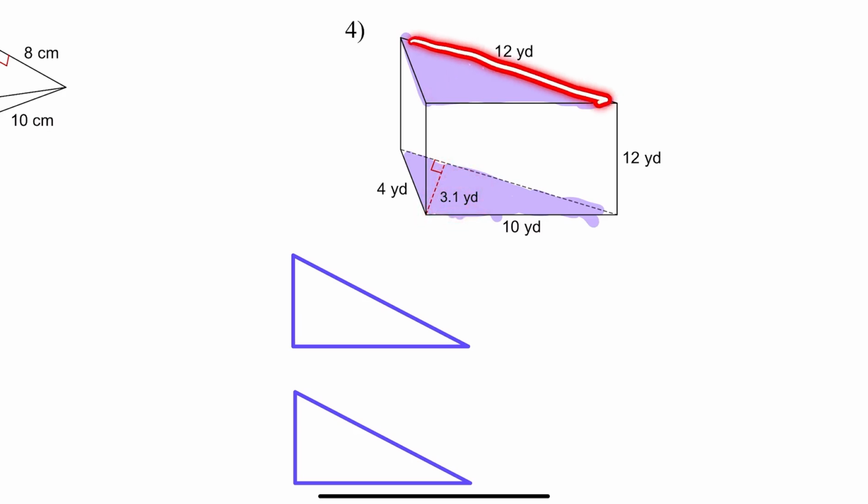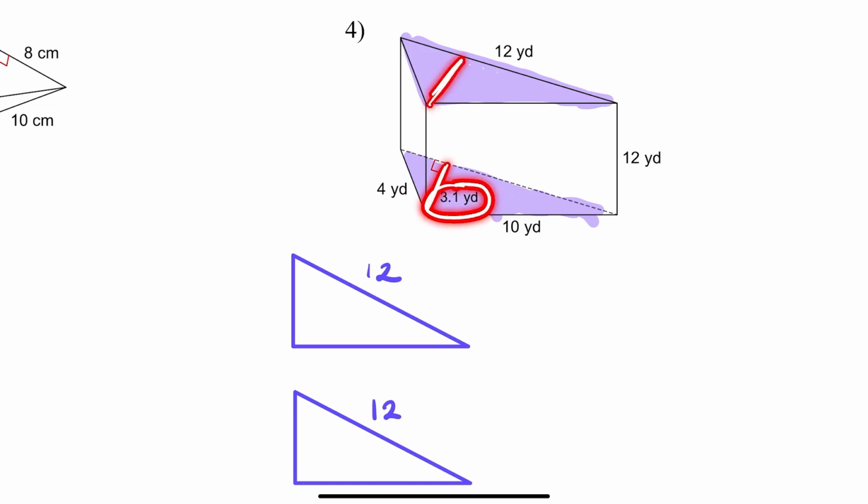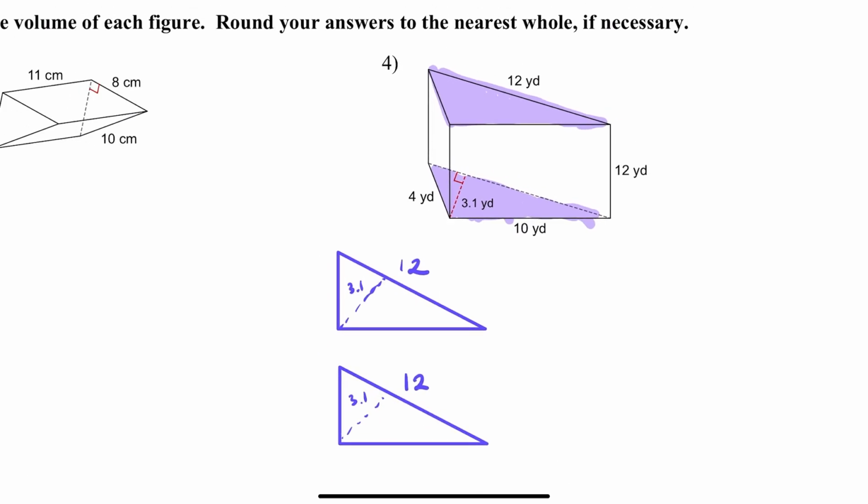So the base of this information that matters for area later is 12 and 12. And then the height of the triangle, 3.1. So I'm going to go ahead and take, I could draw it out like that, but 3.1 and 3.1. Okay, not the best representation.